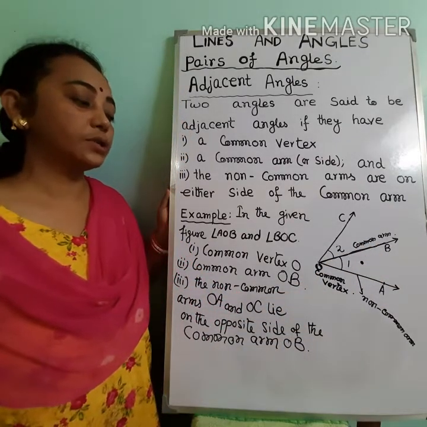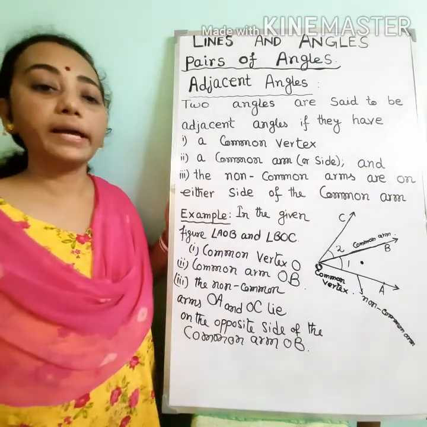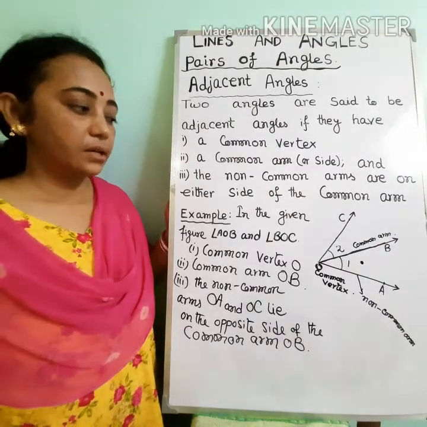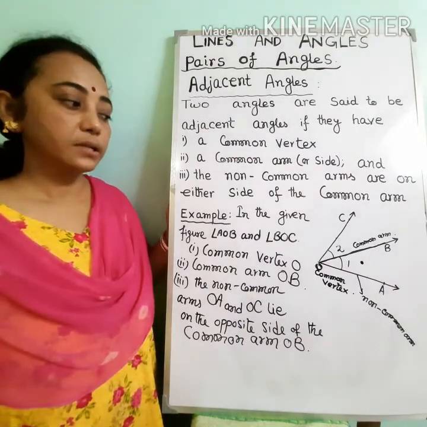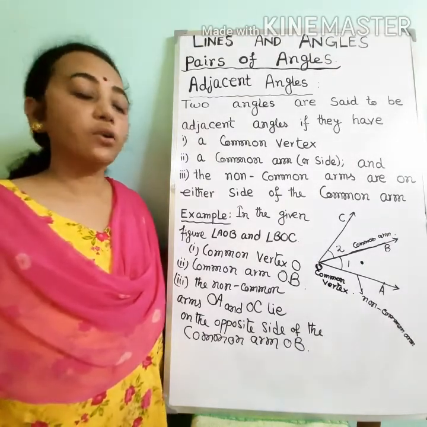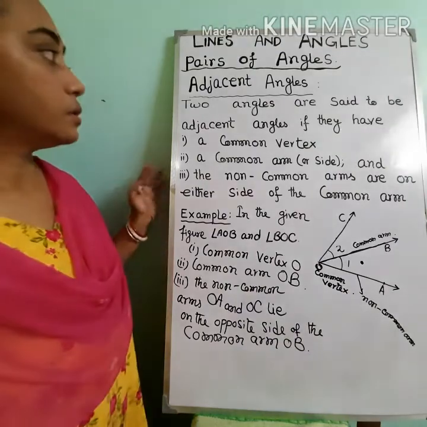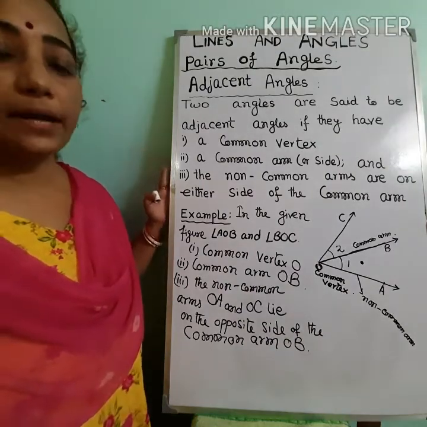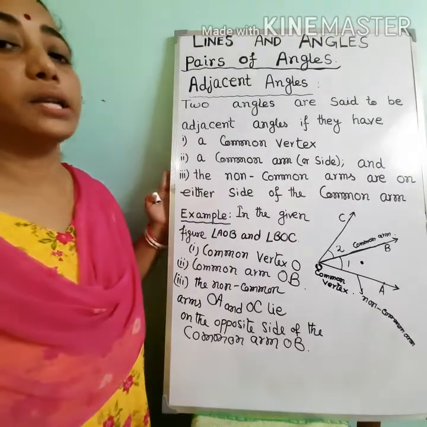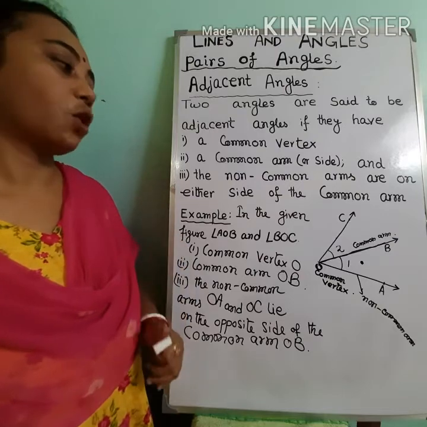So two adjacent angles have no common interior points, or the two angles do not overlap each other. That means the interiors of adjacent angles do not overlap. So two angles are adjacent if they have a common vertex, a common arm, and the non-common arms are on either side of the common arm.